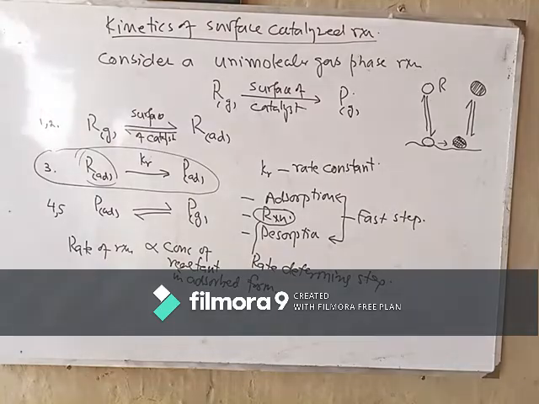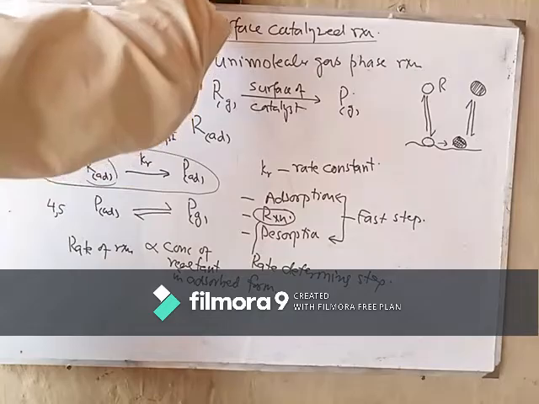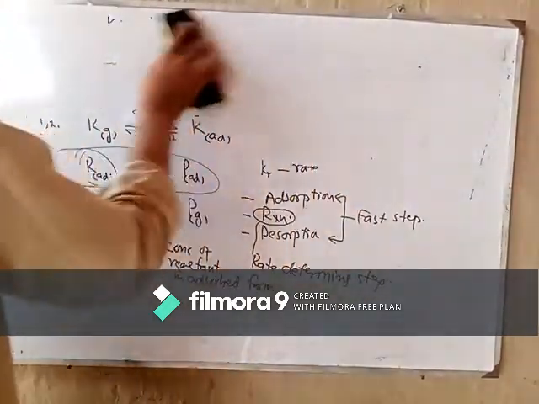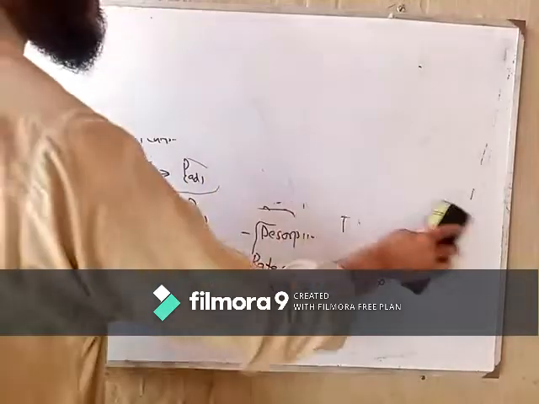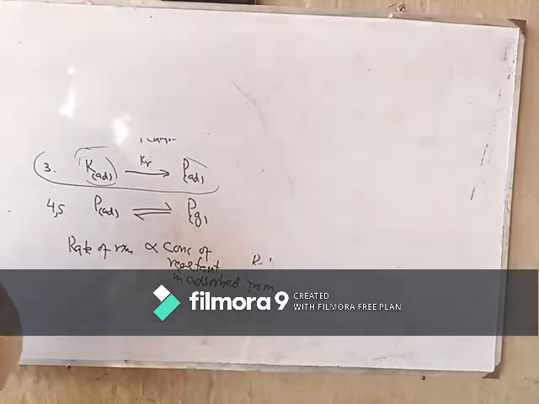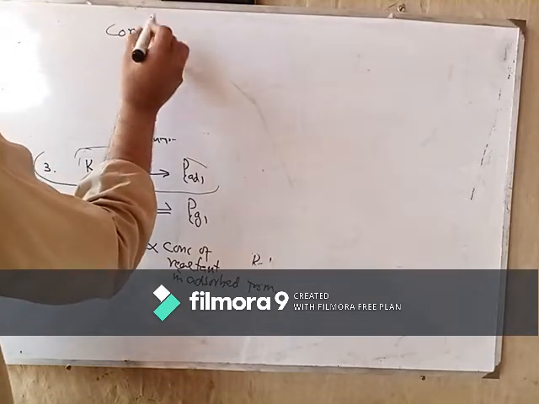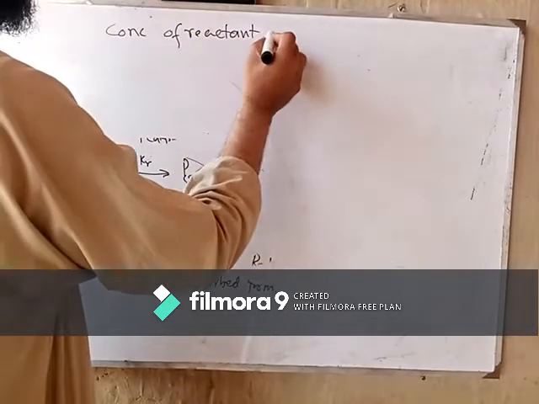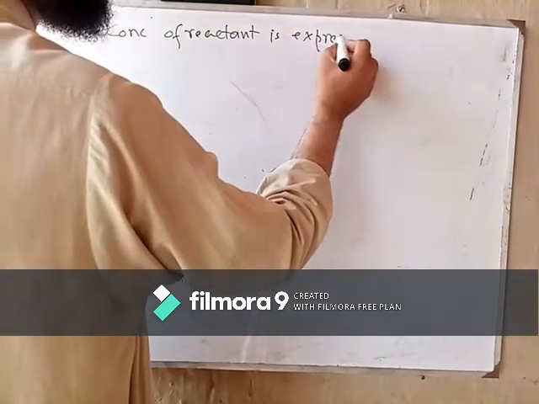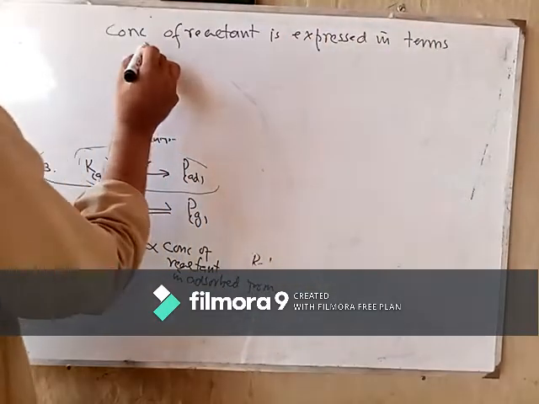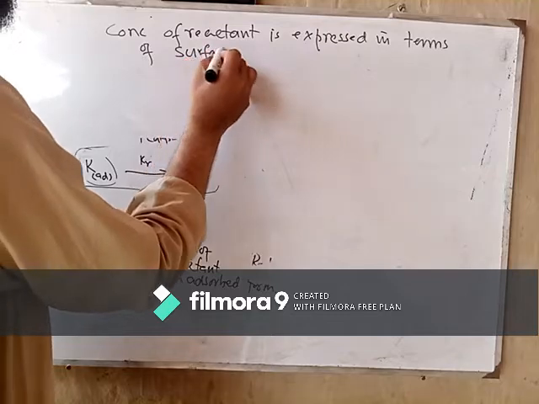The concentration of the reactants in adsorbed form is usually expressed in terms of fractional surface coverage. How much surface has the catalyst covered? The concentration or pressure of the reactant is expressed in terms of surface coverage.